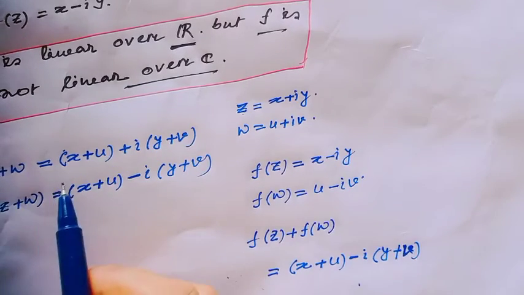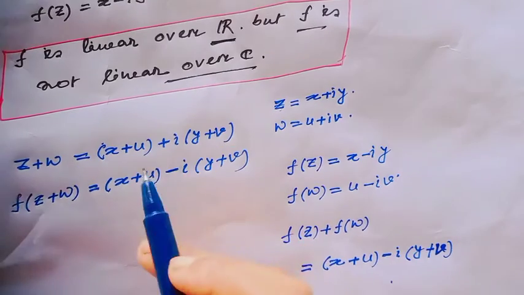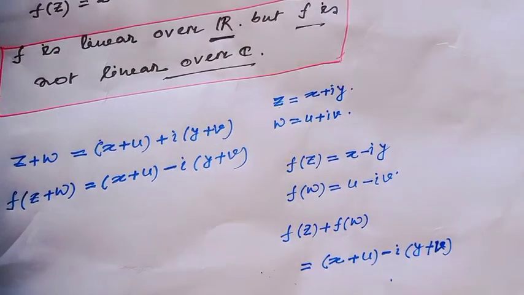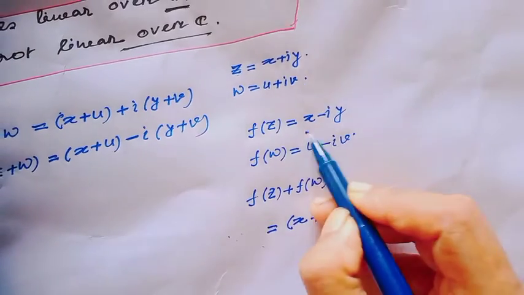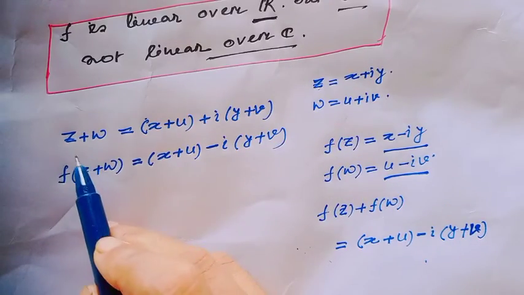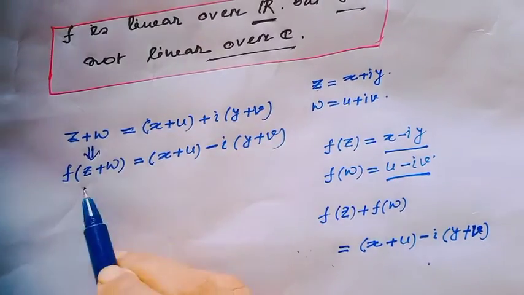Then z plus w is obviously (x plus u) plus i times (y plus v). And f of z is x minus iy, and f of w is u minus iv. Then what is f of z plus w?